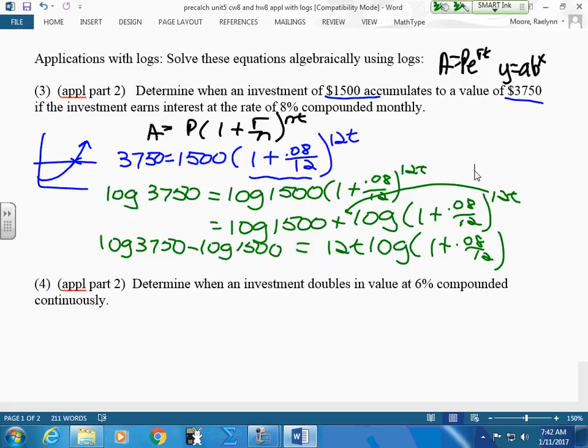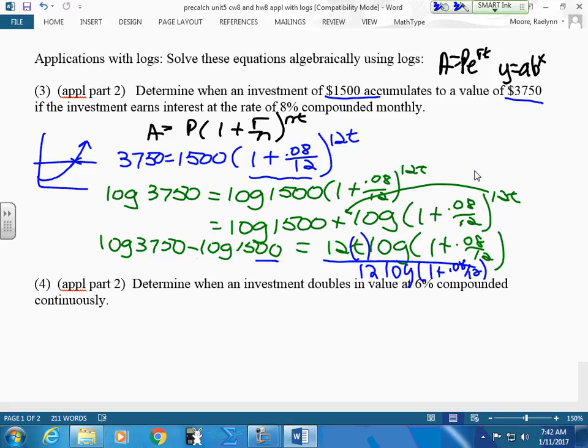Now I have to solve for t. So what do I have to do to solve for t? These are all what? Multiplied, right? So what's the opposite of multiply? Divide.